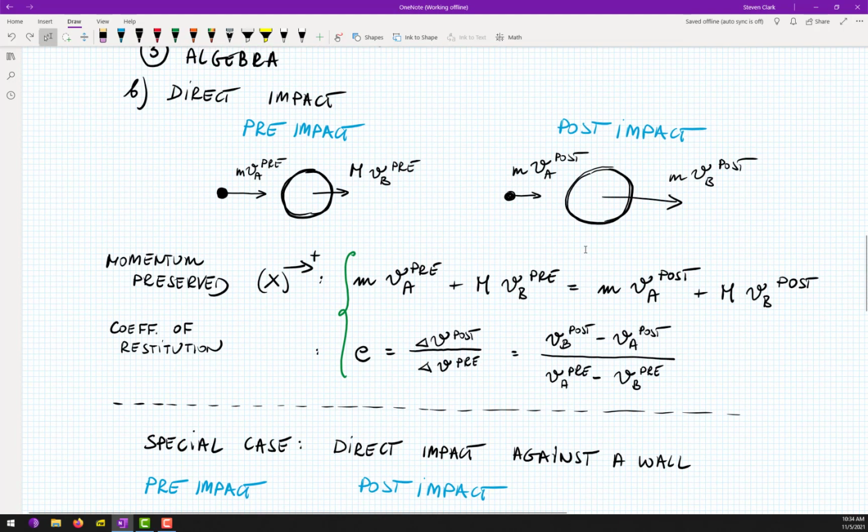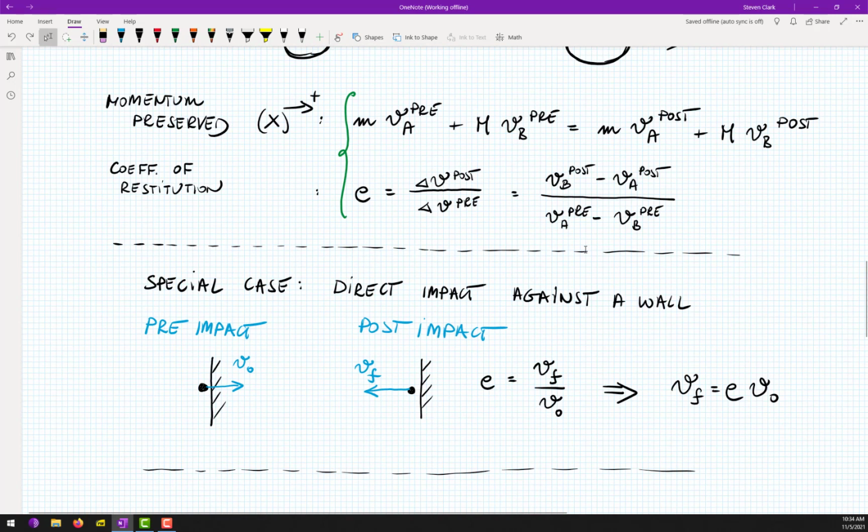A special case of direct impact is impact against the wall. Yes, so we have only one body. So in this case, I just use the coefficient of restitution equation. I think you had that in the lecture, yes?